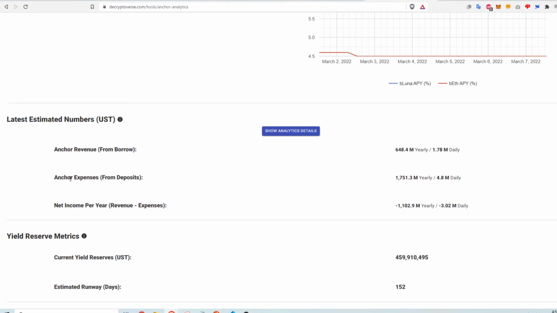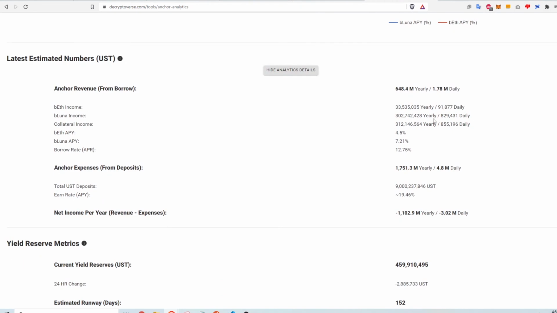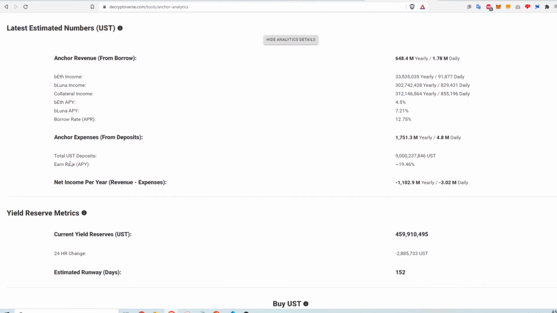The expenses from deposits are about 1.75 billion UST per year, and that equates to a 4.8 million daily. And finally, the net income, which is the difference of the two, is minus 1.1 billion per year, which equates to about 3 million UST daily. And then I can click this button to show the details of the revenue, of the expenses, just show the breakdown of what the numbers are going into these calculations.